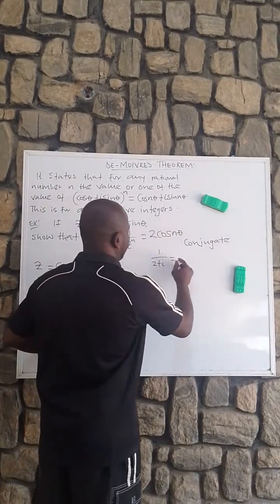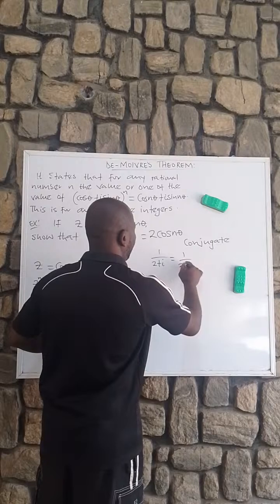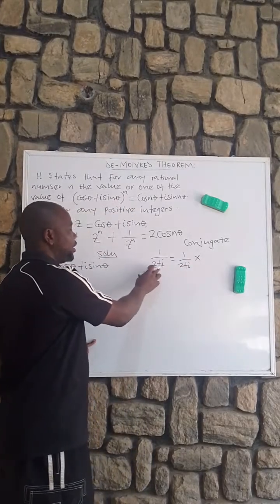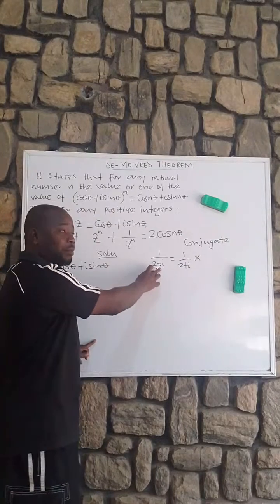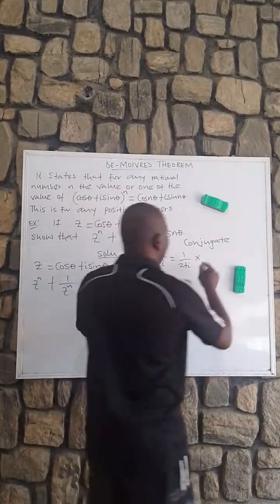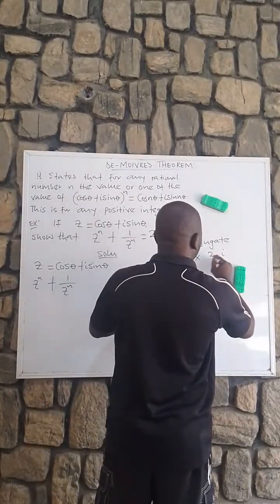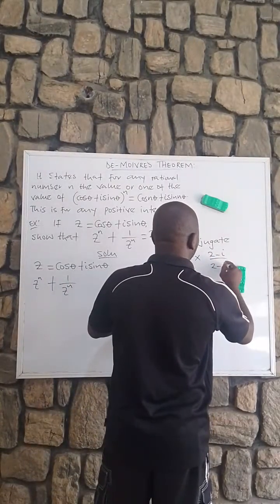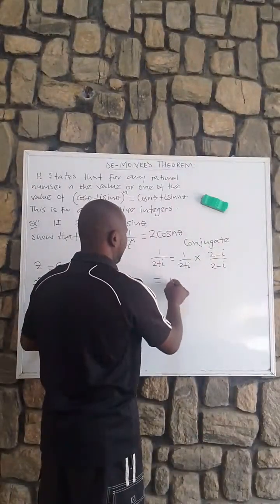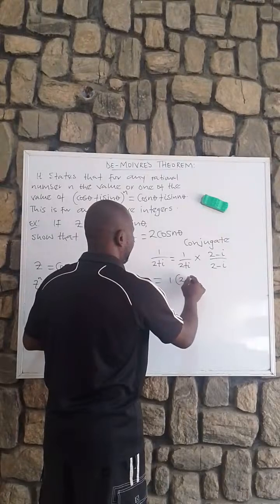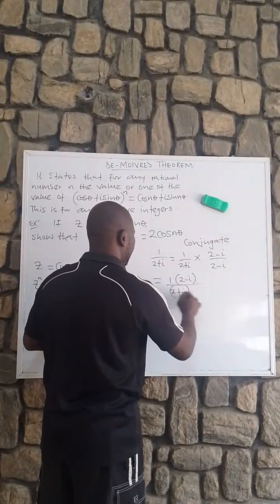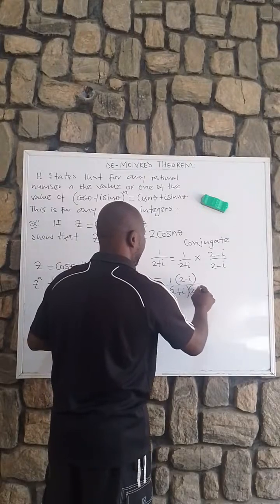This is equal to 1 all over 2 plus i times the conjugate of this complex number. What is the operation here? It is plus, so it will turn to minus: 2 minus i all over 2 minus i. Is that clear? So now the whole thing will be 1 times (2 minus i) all over (2 plus i) times (2 minus i).